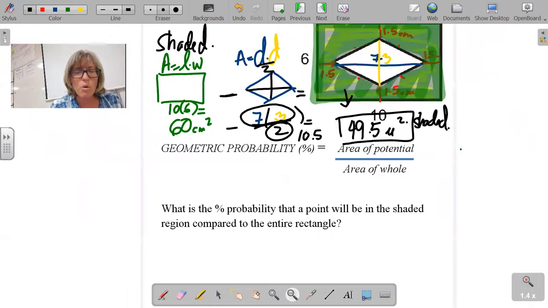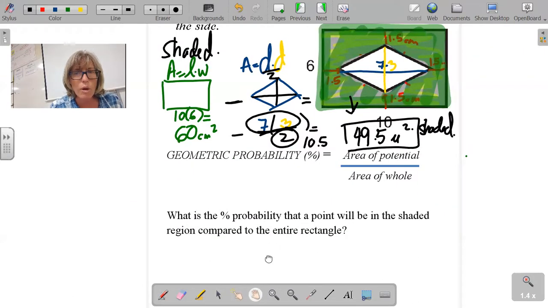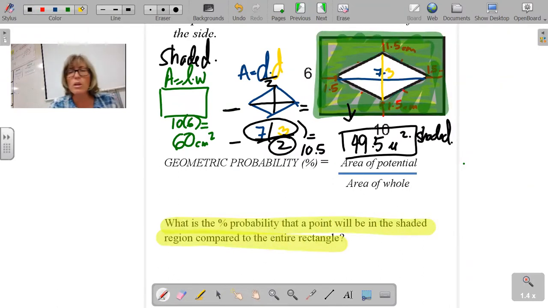So this is probability related to area. So what this question is asking is, what is the possibility that any point is going to land in the shaded region compared to the entire rectangle?